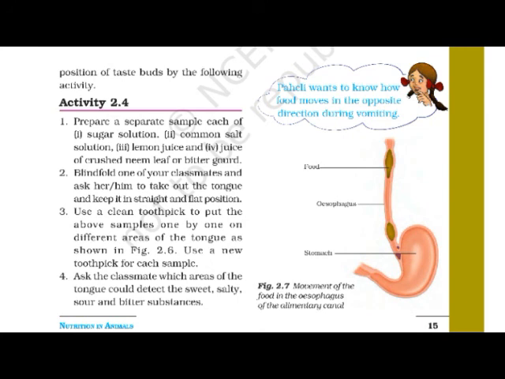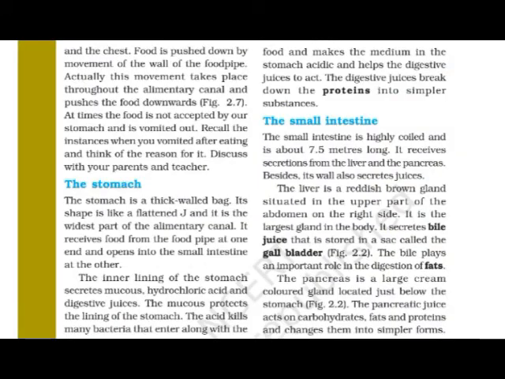Number two, the second function of this acid is it makes the medium in the stomach acidic. Whatever we eat, for the digestion purpose it should be acidic. So that work is also done by the hydrochloric acid. So the working of the hydrochloric acid is most important.